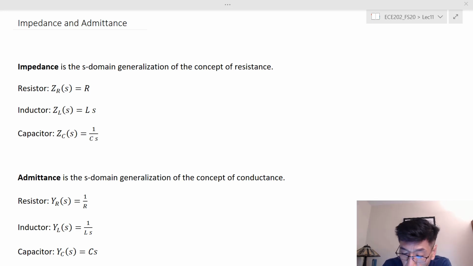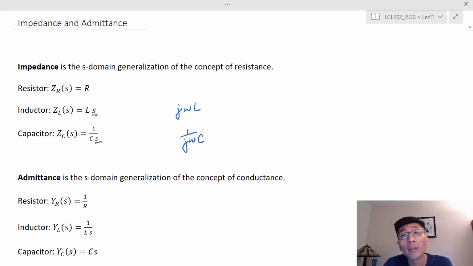If you remember the impedance in the phasor domain, we have j omega L and 1 over j omega C. So if you replace s by j omega, you get the impedance of the inductance and the capacitance in the phasor domain.